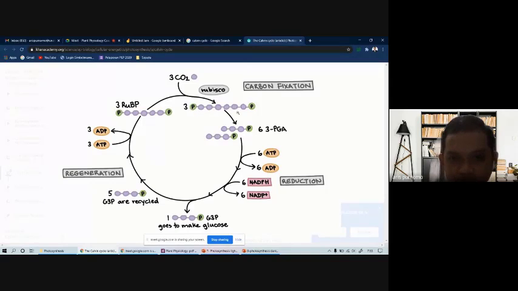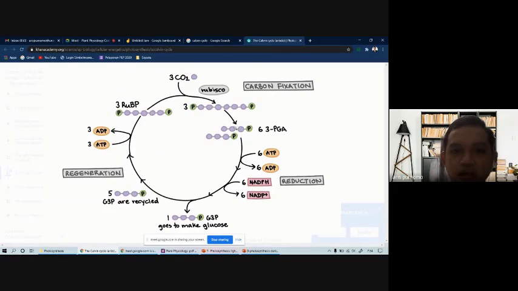If we split it into two substances, we call it 3 PGA, phosphoglycerate.